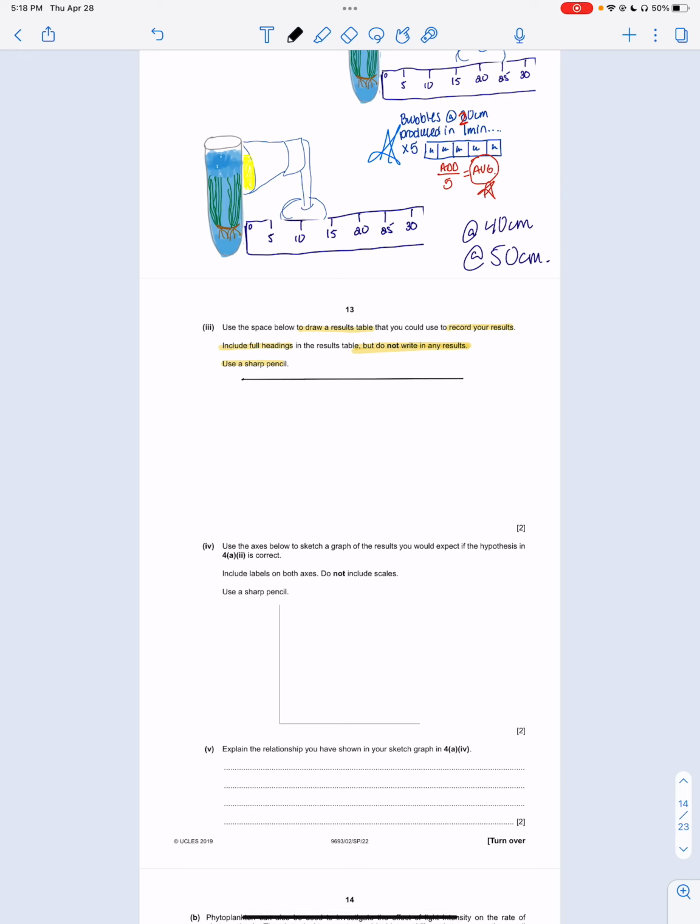So I'm actually using a ruler, but this is going to be bigger than necessary.